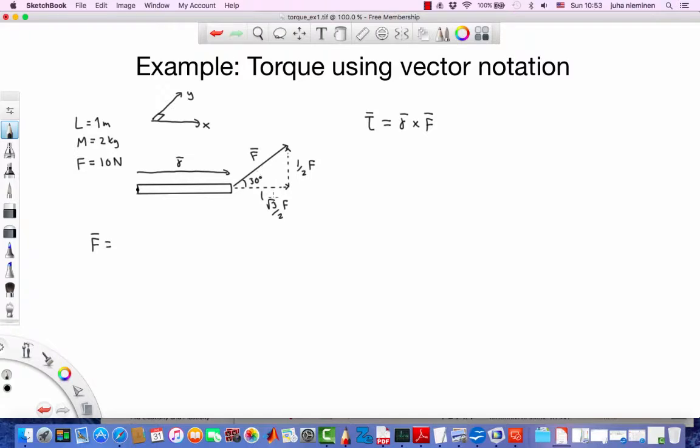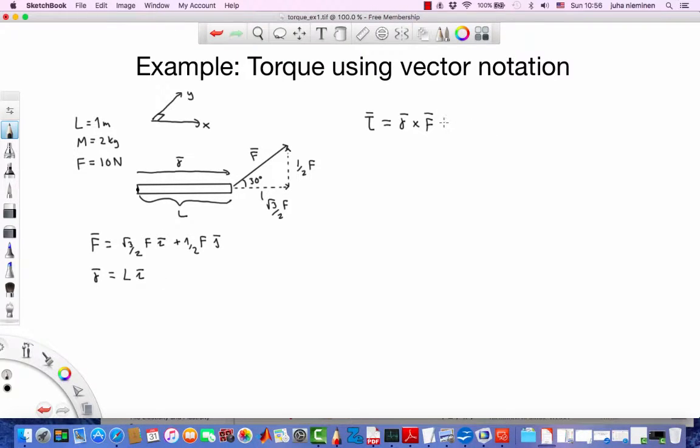So f will be the x component, square root of 3 over 2 f in the x direction unit vector i, plus 1/2 f in the y direction unit vector j. And because the rod lies on the x-axis, if its length is L, the vector from the pivot point to the point where the force is acting is just L times i.